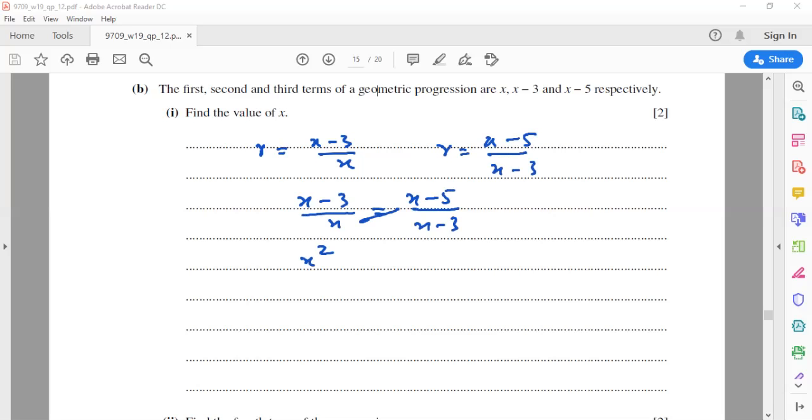Cross multiplying, x squared minus 5x equals x squared plus 9 minus 6x. The x squared cancels out. Shifting the 6x over here becomes plus 6x, so minus 5x plus 6x becomes only x. So x equals 9, which is the first term.